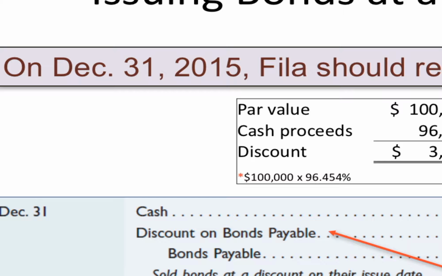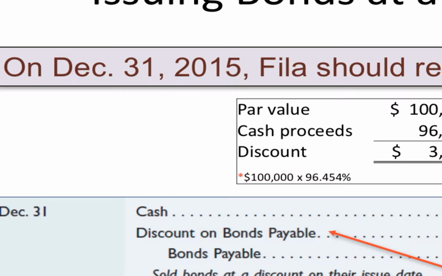Bonds payable, the amount we have to pay back in 2 years, is what's on the face of the bond, $100,000, and it's a credit because it's a liability. The difference between these two amounts needs to go on the debit side so that the debit side equals the credit side.